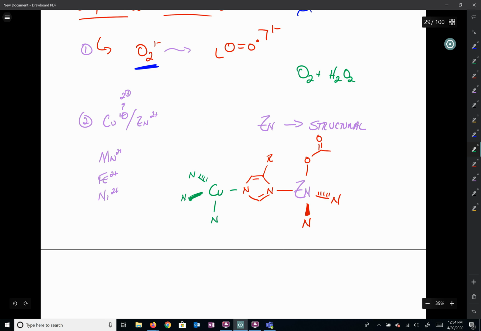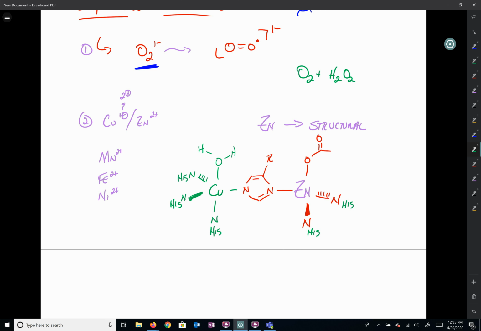And then if we look at this in its resting state, we've got a water molecule on here also. And remember, these are all histidines. Cool, so the active site of superoxide dismutase looks sort of like this.